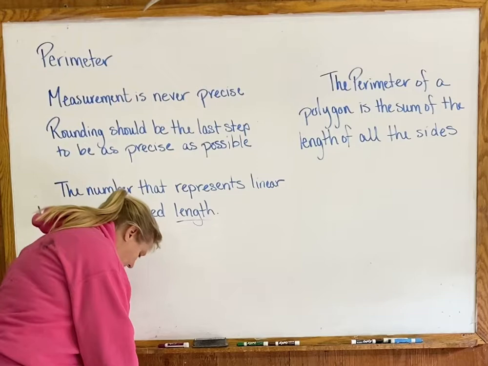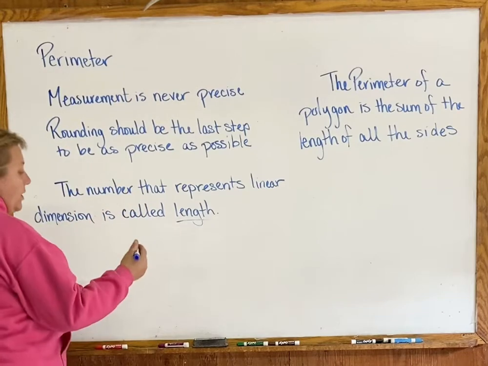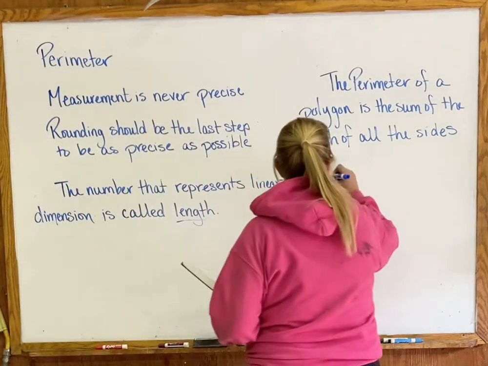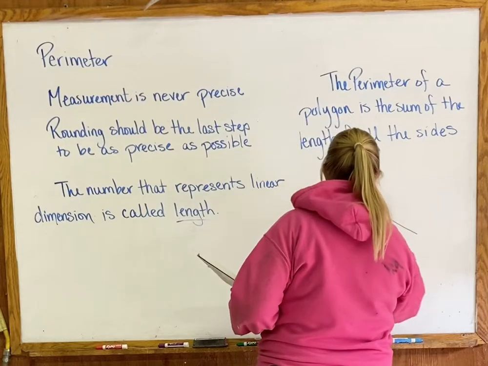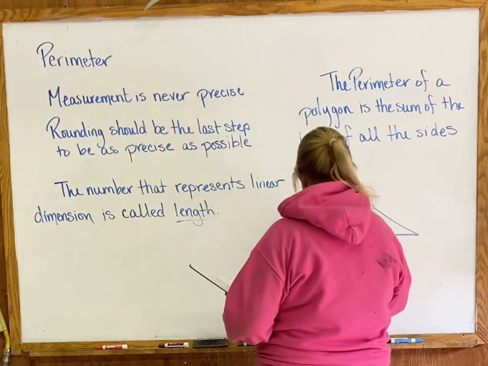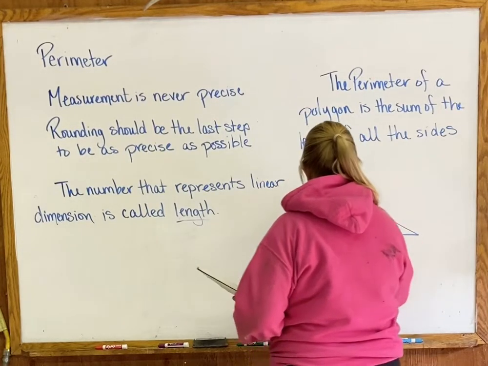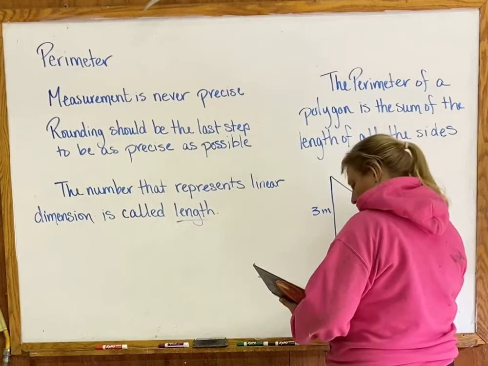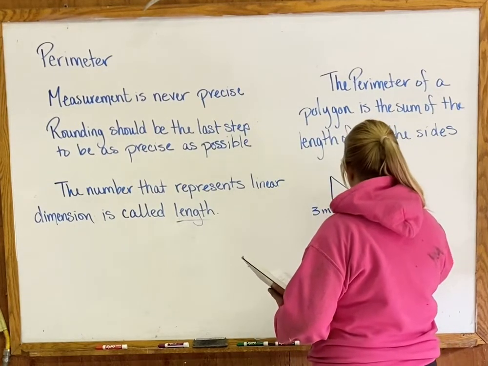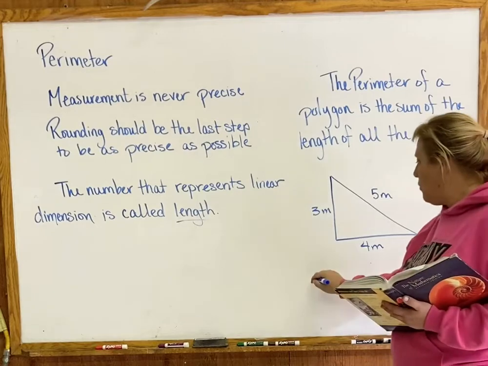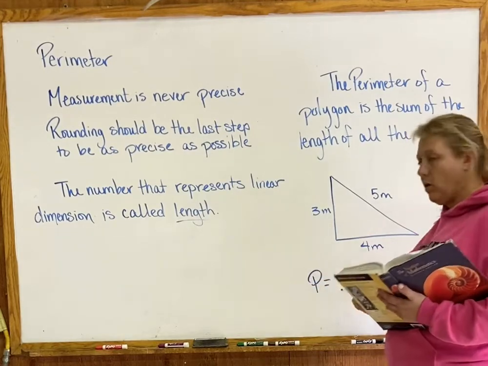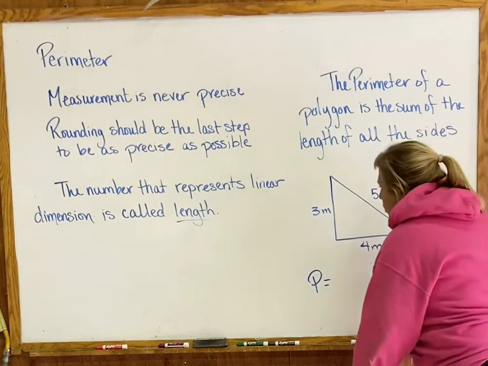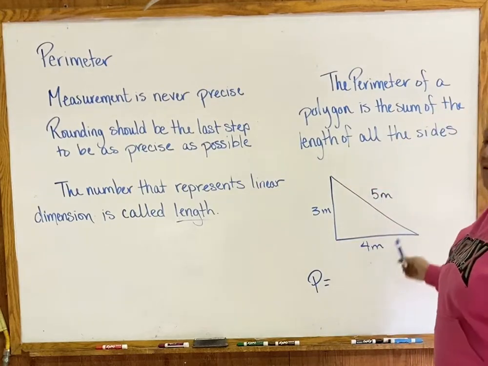Okay, so let's say that they gave you a triangle. There's our triangle. And they're going to tell us that's 3 meters, this is 4 meters, and this is 5 meters. If we want perimeter here, we'll call it with a capital P, and we want the length of all the sides put together.